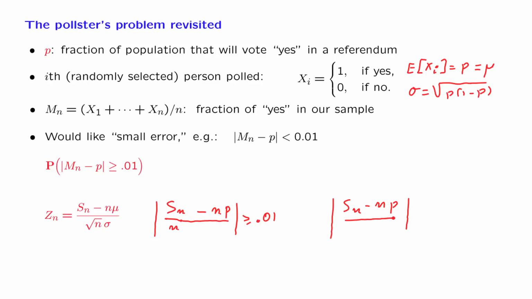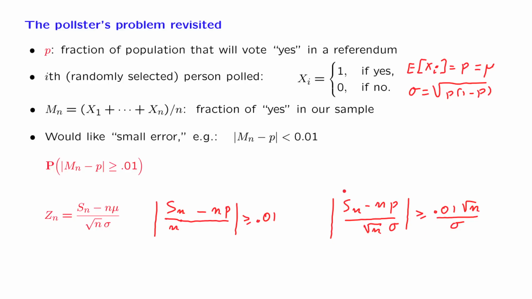This causes the denominator term to become just square root of n, and we get a square root of n term in the numerator on the other side. This is an equivalent description of the event, and now we can divide both sides of this inequality by sigma, and we obtain this equivalent representation.